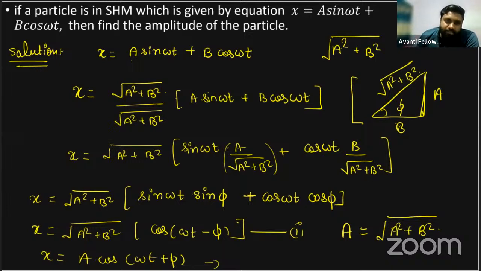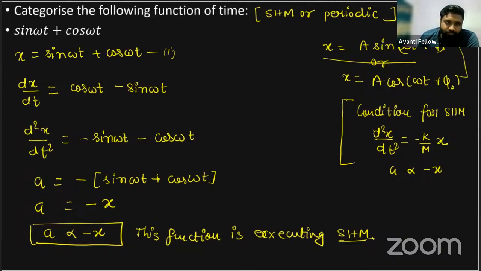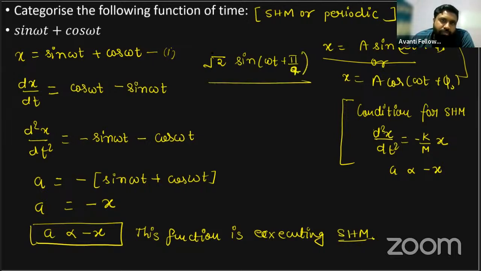In the same way, in the previous question, we found the magnitude, the amplitude as root 2, and this will become sine omega t plus pi by 4. So in this question also, the amplitude is the square root of the squares of the coefficients written in front of sine and cos.